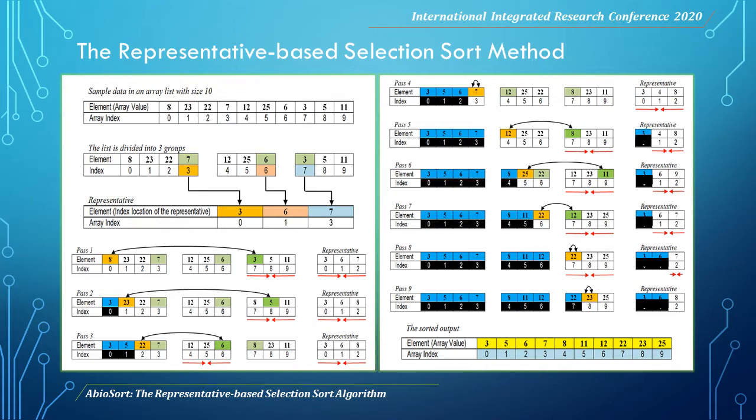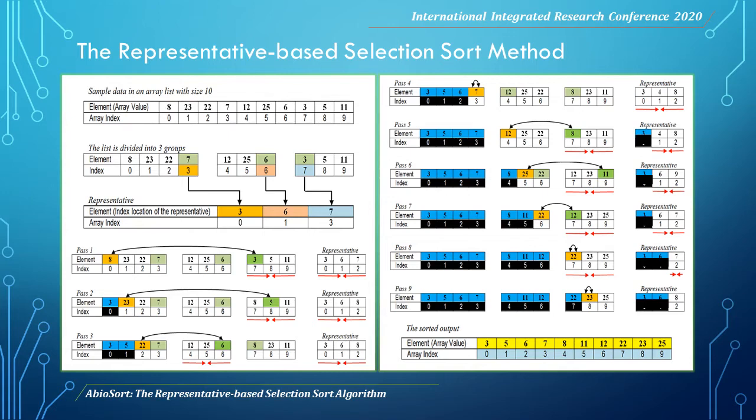Step 1, accept the array list and its size as inputs. Step 2, determine the number of groups or partitions that will be created based on its size. Step 3, determine the range of indices belonging to each group and identify the smallest values to serve as their representatives. Step 4, look for the smallest value among the representatives.